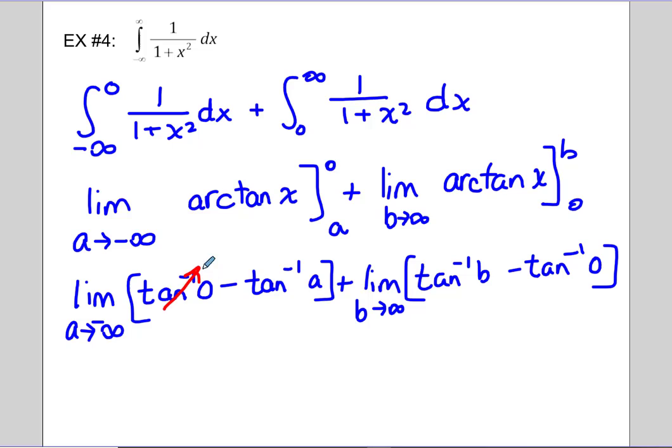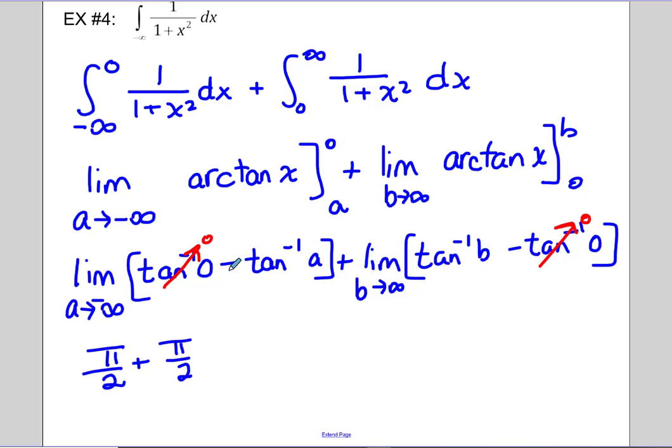And this one goes to 0, this one goes to 0, and the angle would be the limit, let's see, it would be pi over 2 and pi over 2 for the remaining pieces.